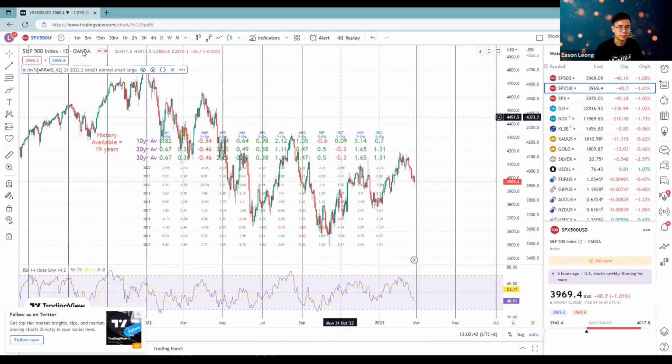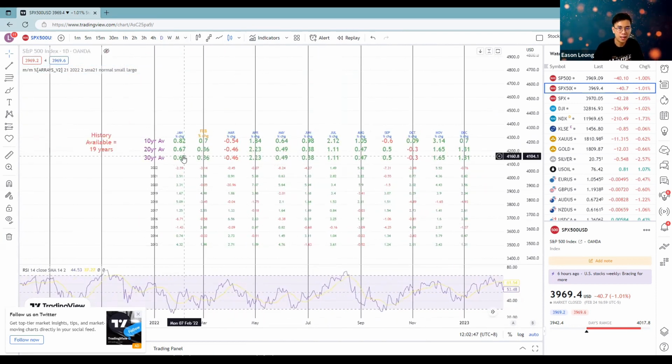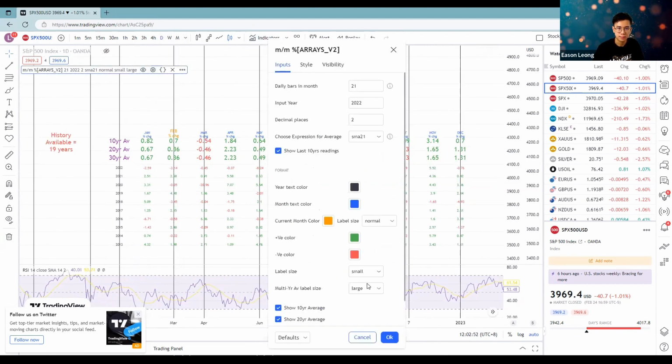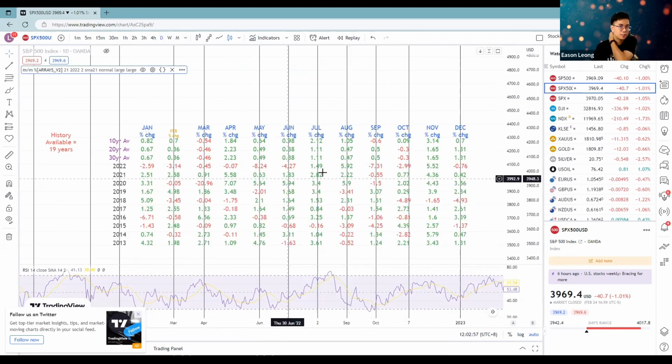So over here, it will pop up something like this. It will show you, in the past 10, 20 to 30 years, in the past so many years, this is the average movement of the market itself.